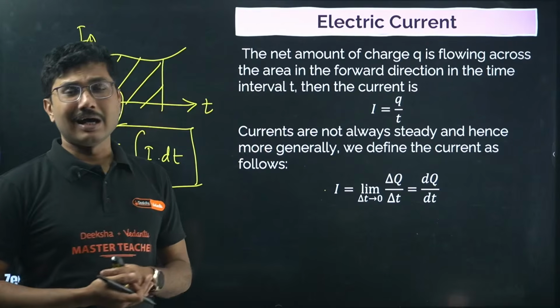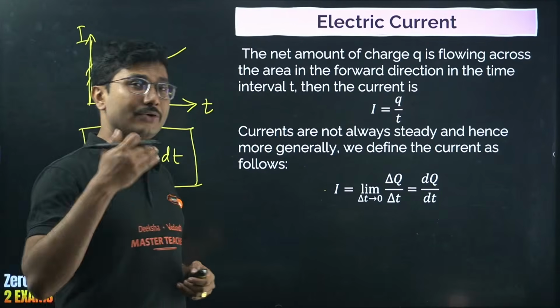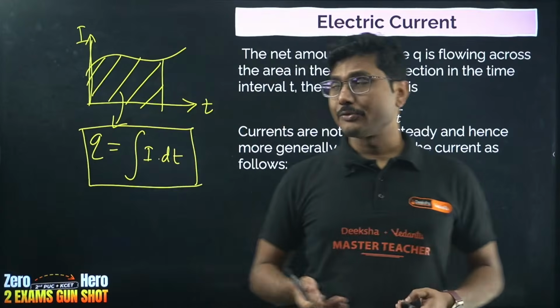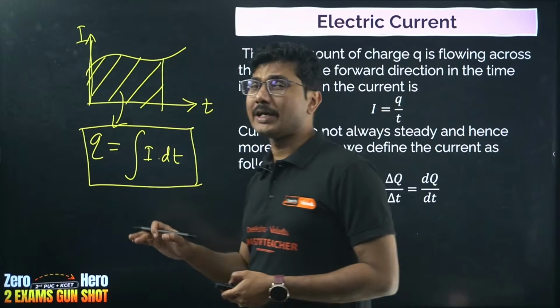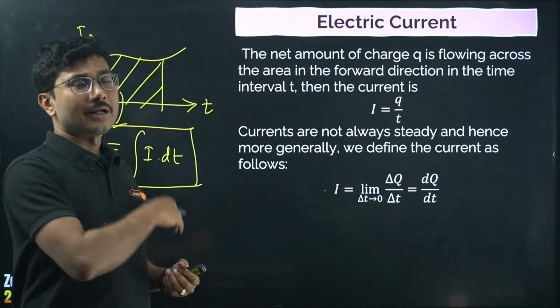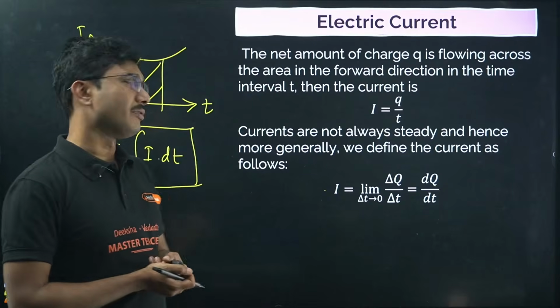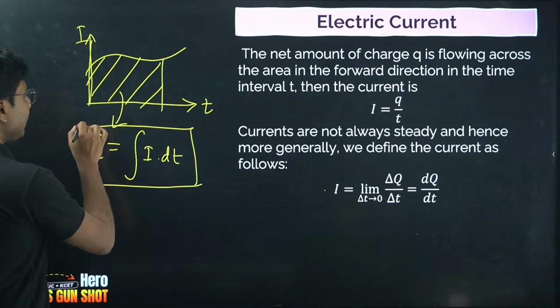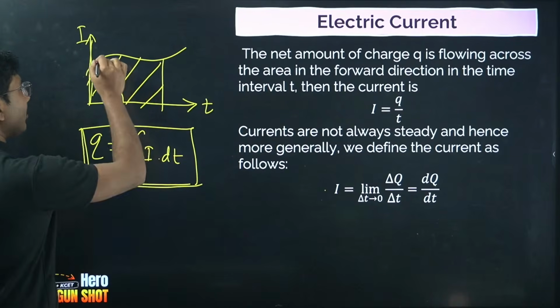We were already using current. So the conventional direction of current is taken by assuming a positive charge is flowing. Charge can be calculated by integration, or the area under the graph.